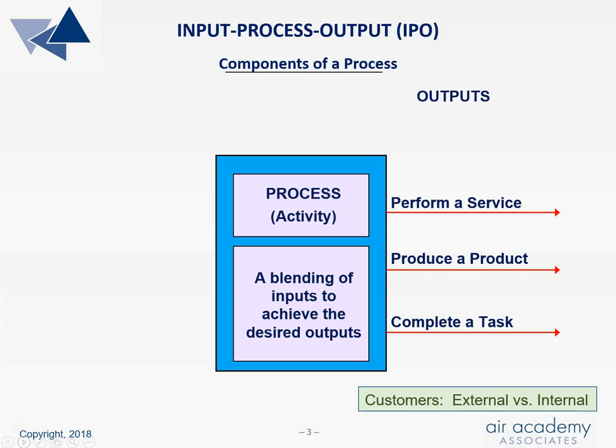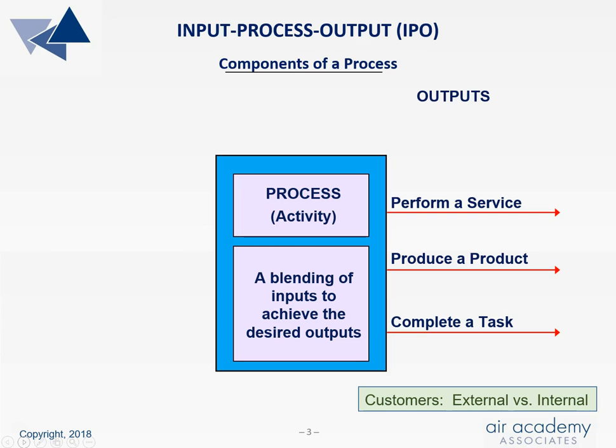The next thing we label is located on the right-hand side of the IPO and falls under the category of output. What is it that the process provides the customer or patient? General categories of outputs include products, services, or tasks to be completed. What is it that adds value to the customer?